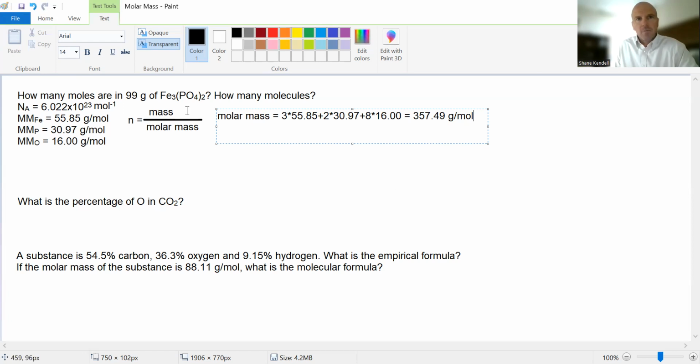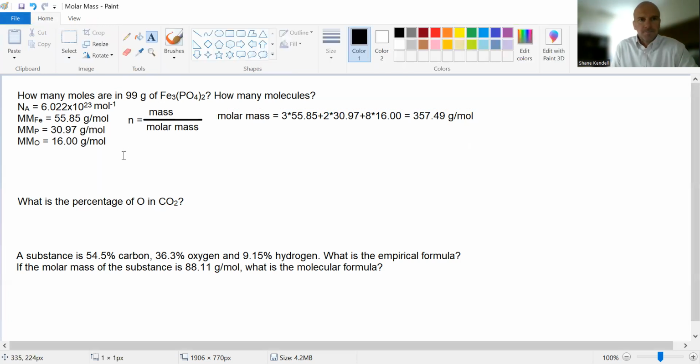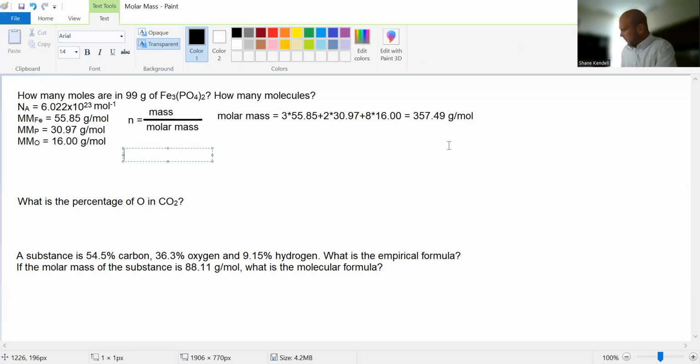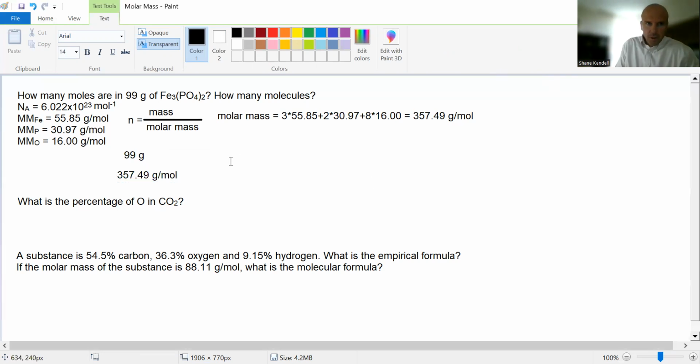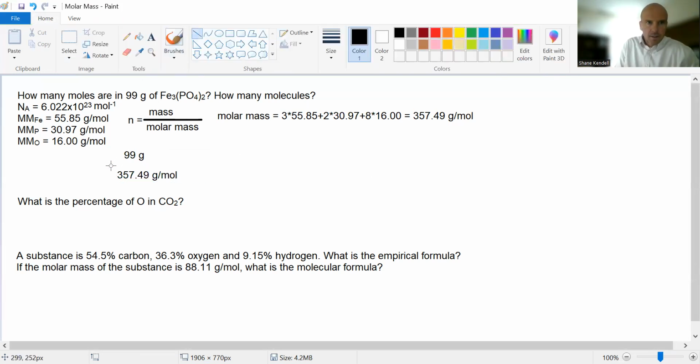So if we want to work out the number of moles that's in the 99 grams of this iron phosphate, I'm going to use this formula here, and we would get 99 grams, and then divide that by our 357.49 grams per mole. I'll just put a line in there for the separation of these two.